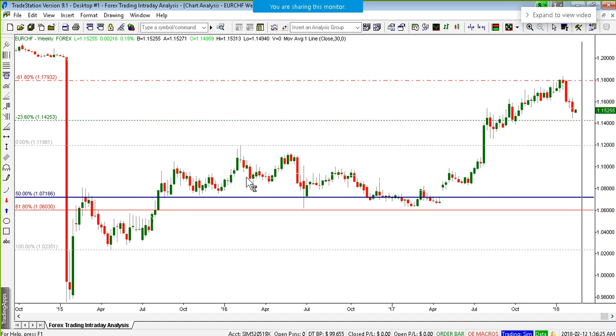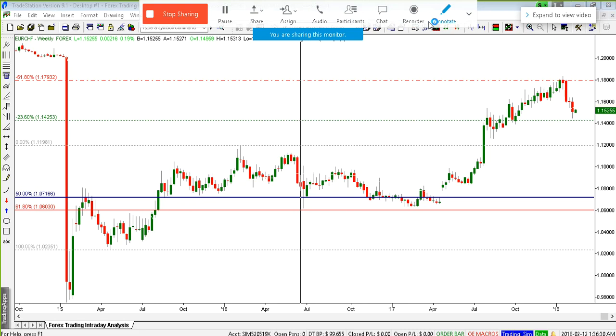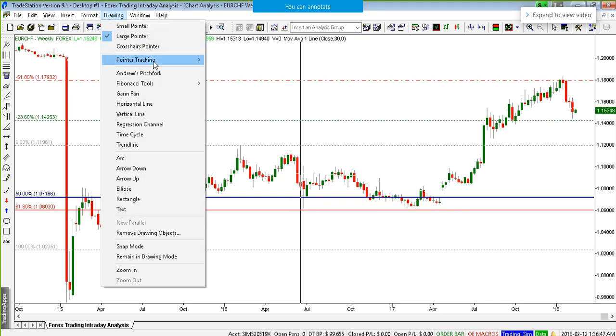we had this extension long that found participation initially in mid 2016, and then price was supported between August 2016 and April 2017 here, and then hit first target and right into second target, and that move lower started.